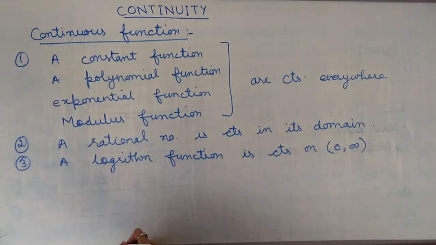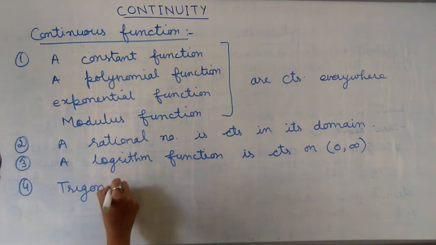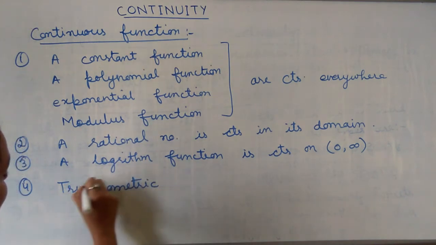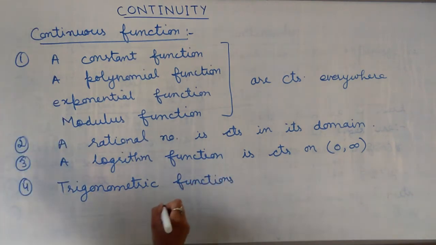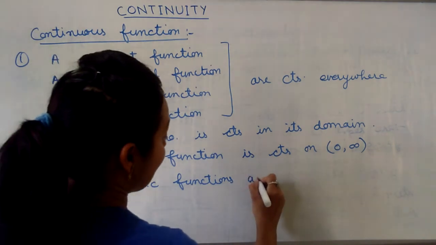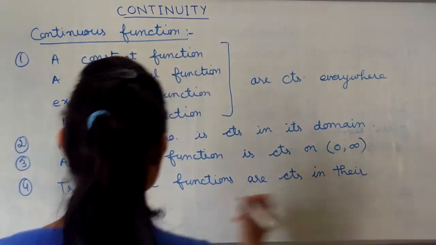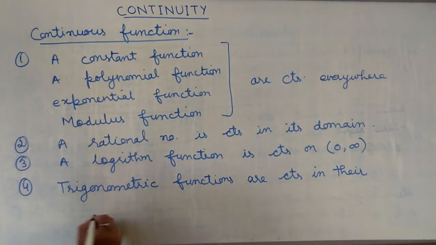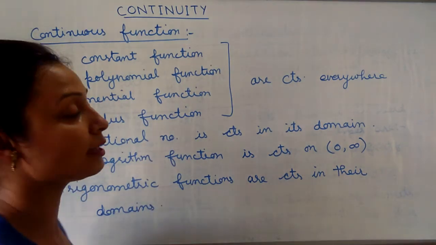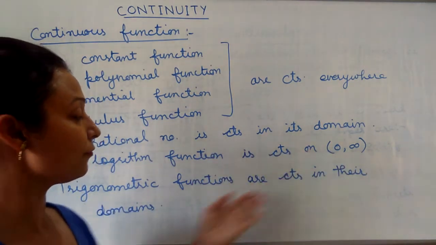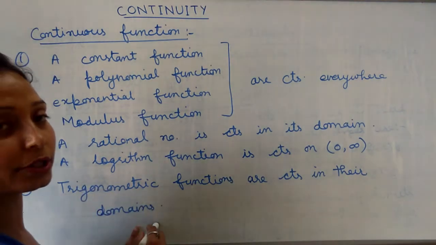Trigonometric functions are continuous in their domains. So these are the functions which are continuous everywhere on their domains, in 0 to infinity and domains. Trigonometric functions are also continuous in their domain.